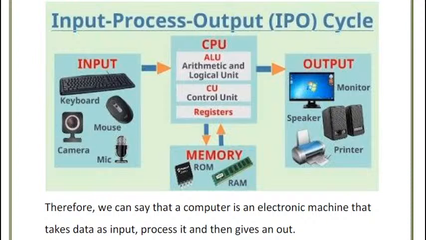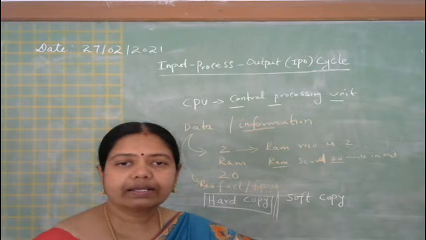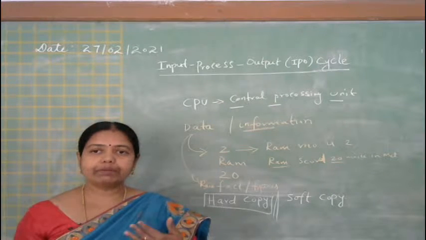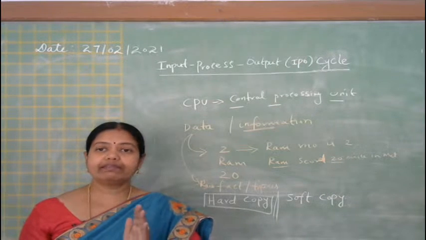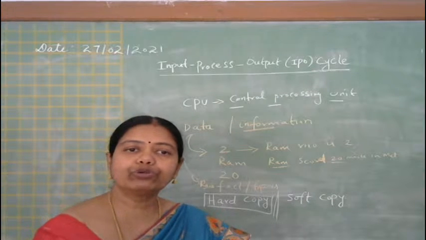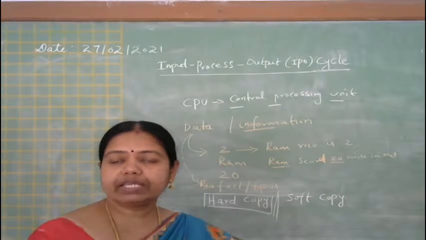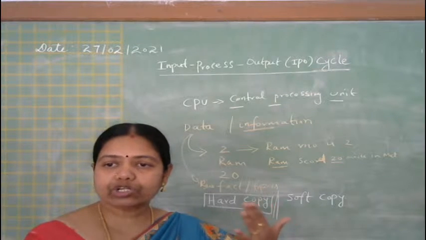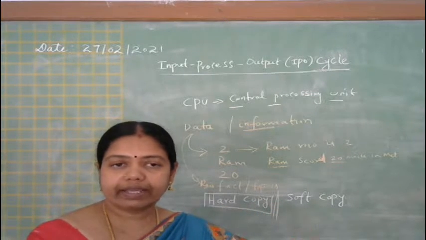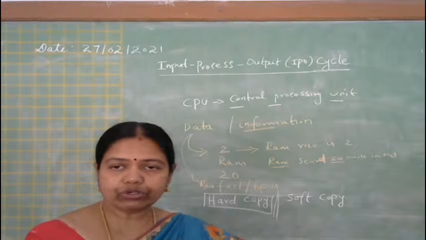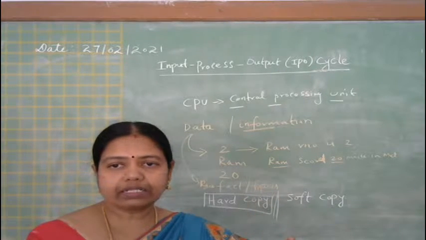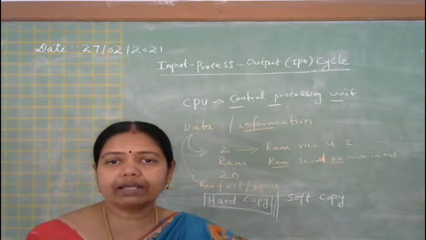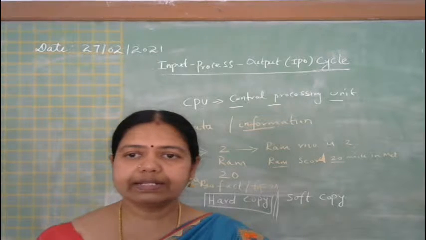The computer will accept the raw data, then the accepted data will be processed under the CPU, then it will be produced with the help of the output devices. So we can say that a computer is an electronic machine that takes raw data as input, then processes it under the CPU. After processing, it will produce the output with the help of the output devices. Yes children, clear to all of you?